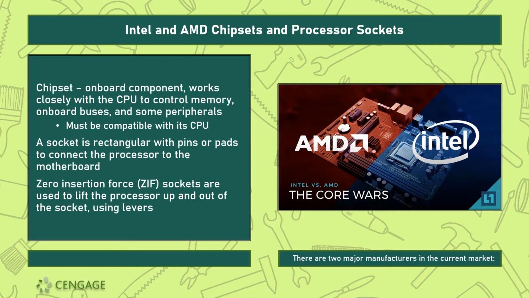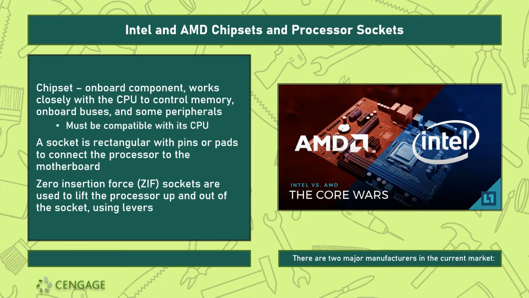When the system is first designed, we have to make sure that the chipset and the CPU play very nicely together. A socket is just going to have either pins or pads, these little flat contact points, to transition information from the CPU into the motherboard. In order to lift the chip out of or into the socket, they have what are called zero insertion force connectors. Now these are going to apply pressure evenly across a chip in order to help prevent accidental pressure damage.